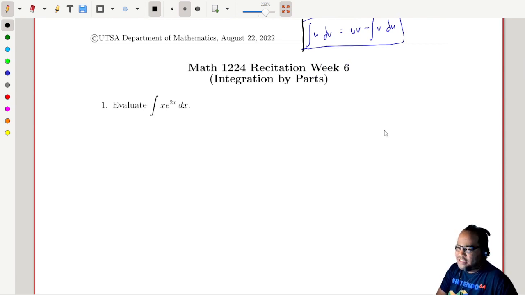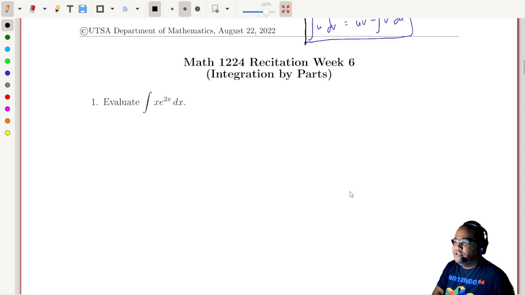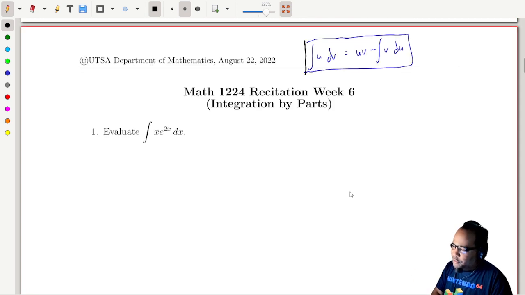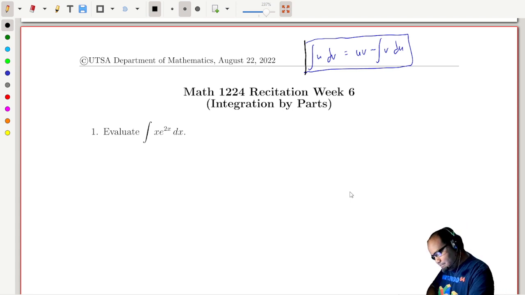But Sean, you say, e to the x is easy to differentiate as well. Yeah, but polynomials are easier. So we're going to go ahead and do our variable declarations and follow our pattern up there. We're going to set u equal to x and dv equal to e to the 2x dx.